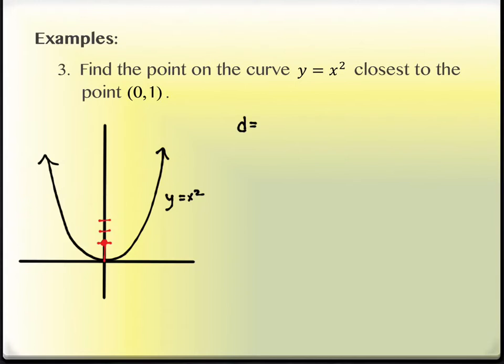Okay, so the distance formula's version of that formula looks like x1 minus x2 squared plus y1 minus y2 squared, under a square root. That's the distance formula. And just to verify with you what I'm talking about, the Pythagorean theorem is a squared plus b squared equals c squared.